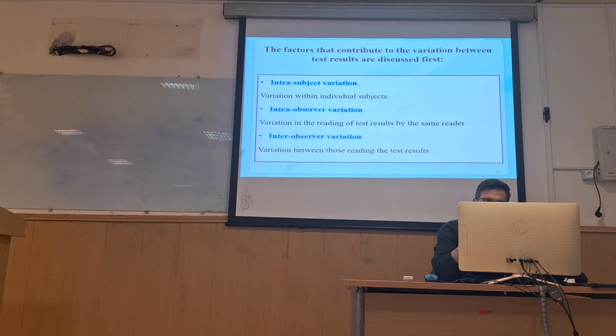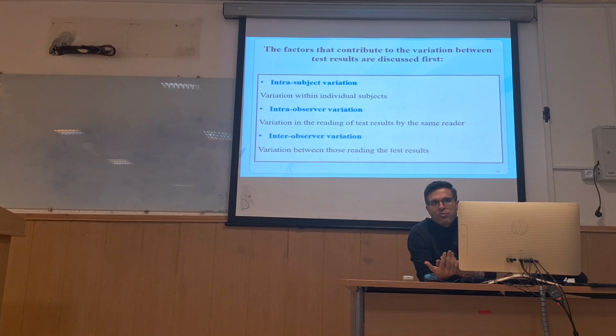And inter-observer variation, what does it mean? It means variation between those reading the test result, for example, people who want to make a decision on your result.